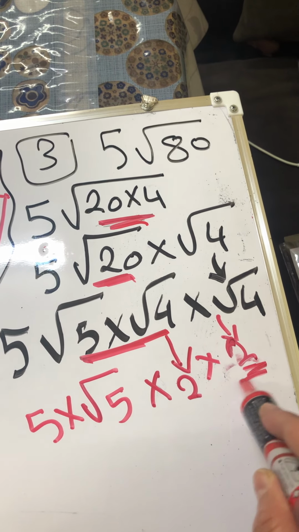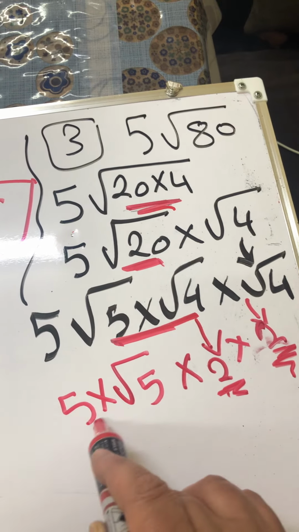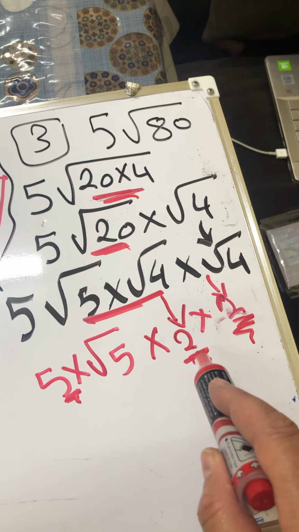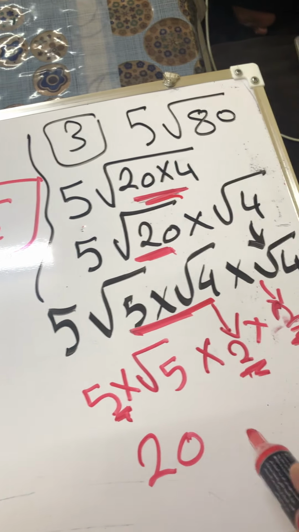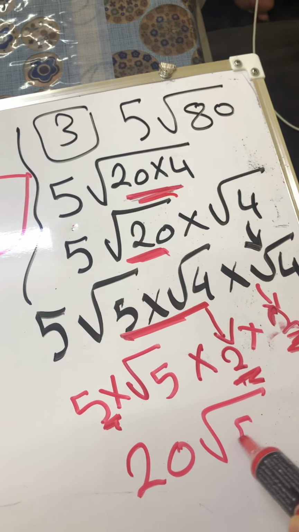Let's multiply the whole numbers together. 2 multiply 2 equal 4, times 5 equal 20, multiply square root of 5.